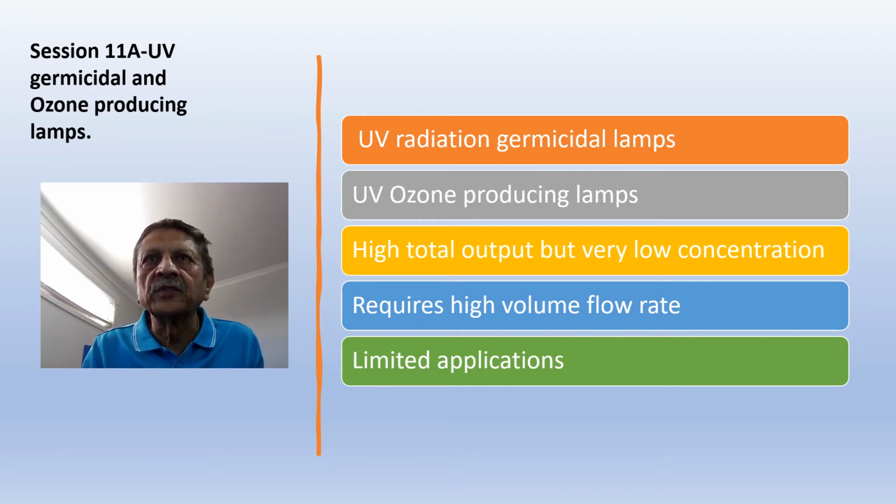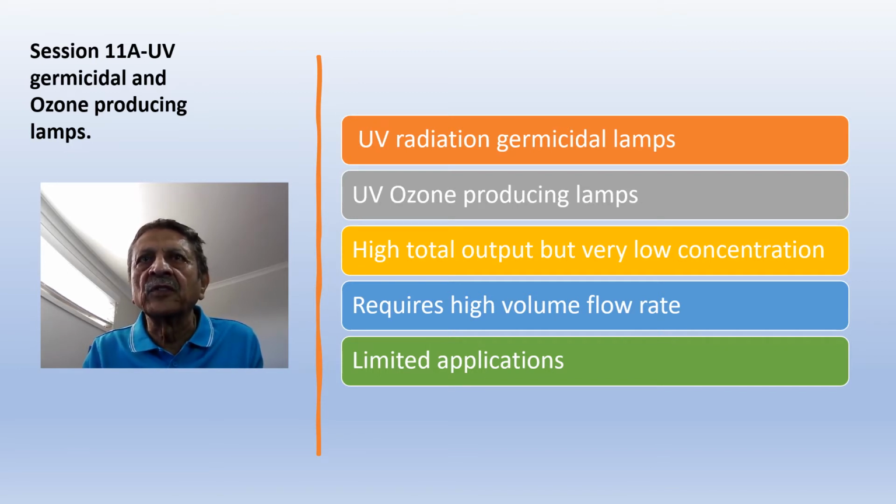While using the UV radiation germicidal lamps, the germicidal effect will only be as long as the air or water passes through the lamps. In the case of the ozone producing lamps, the ozone is produced when you pass air through it, and oxygen is converted to ozone.